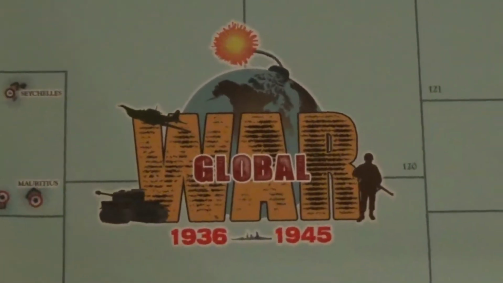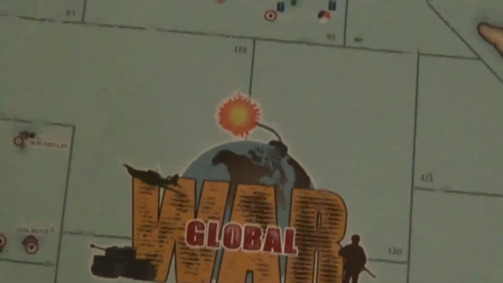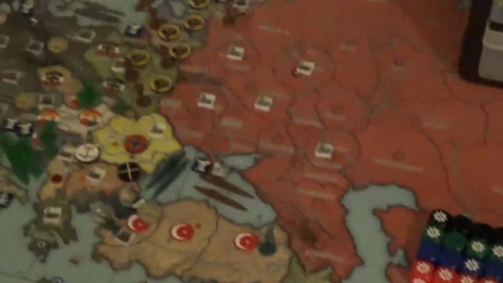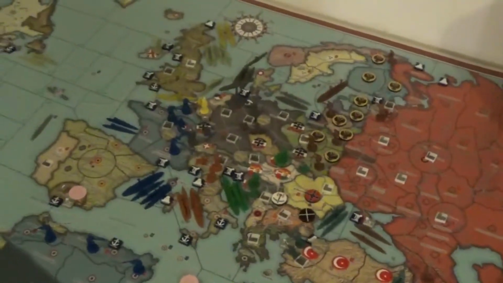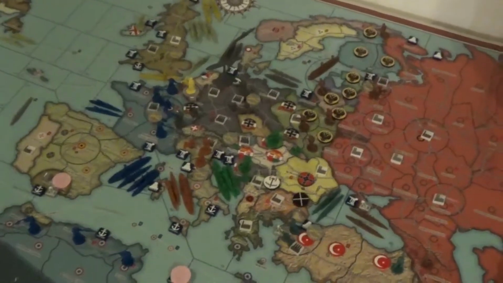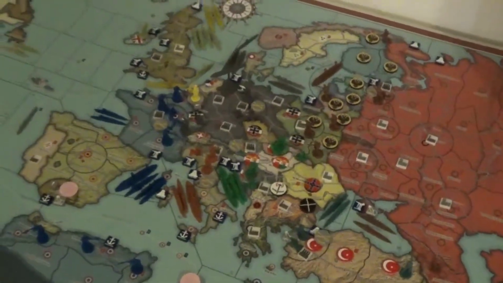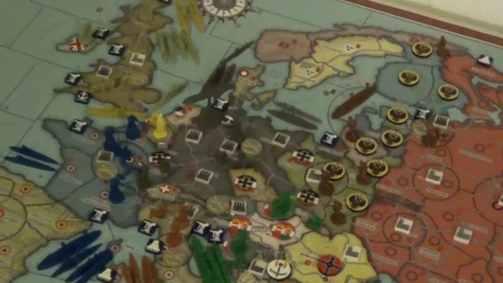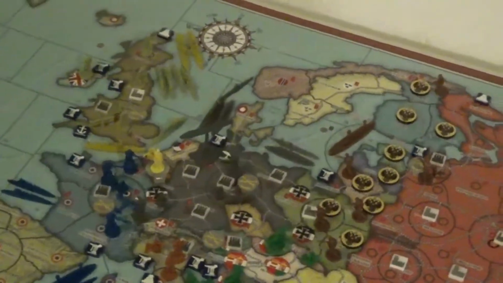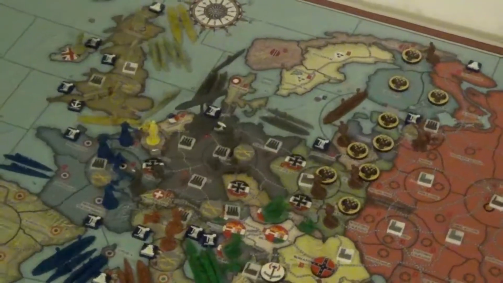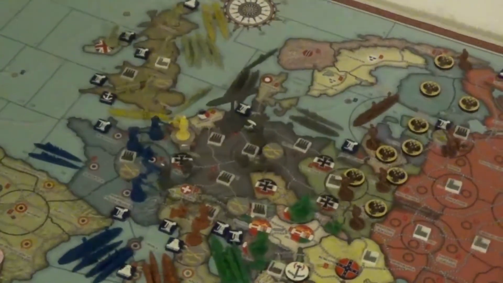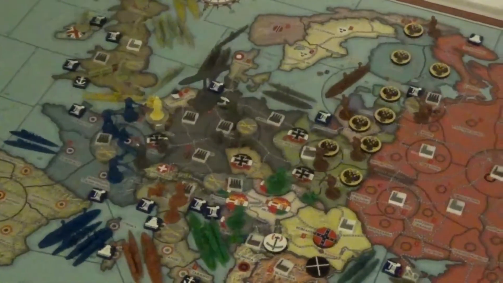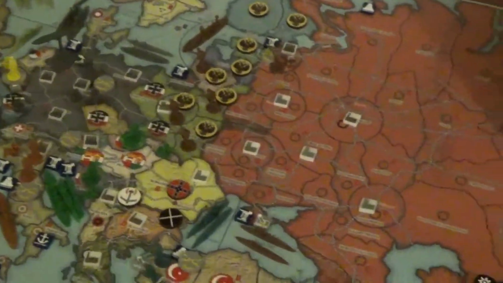Hello everybody, this is Nato at the Nest, and this is the World War One scenario that you've all been waiting for. So, as usual, we'll start off with an introduction to the scenario, explain the historical background of it, then some unique things to the scenario.